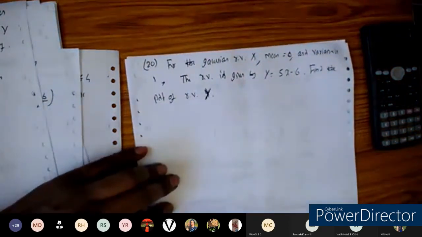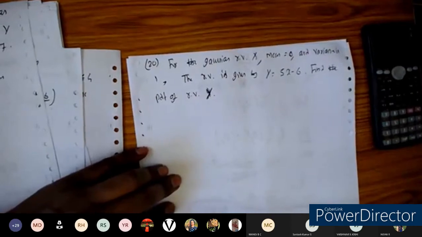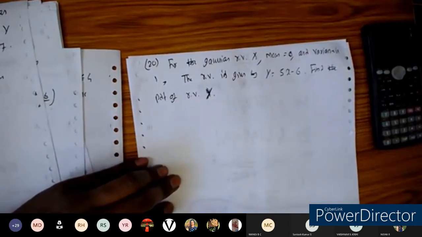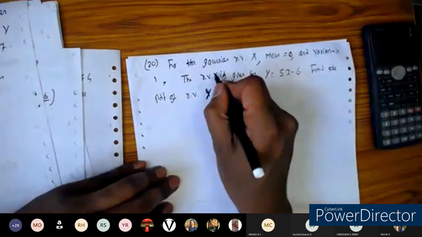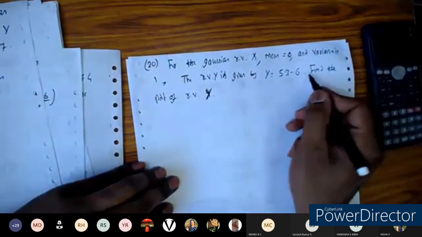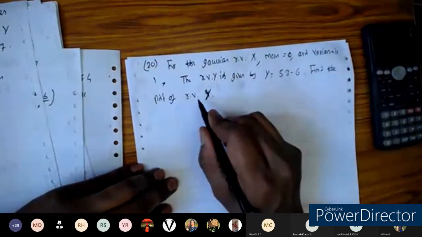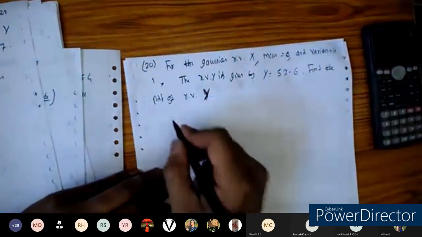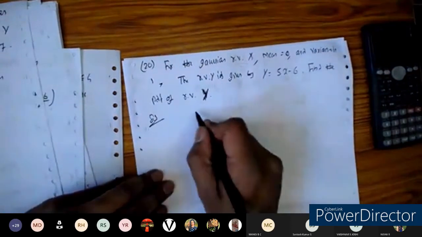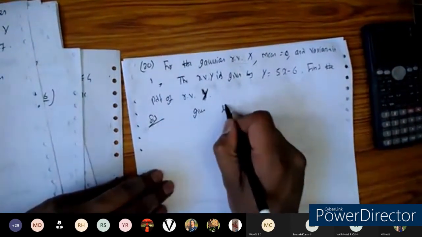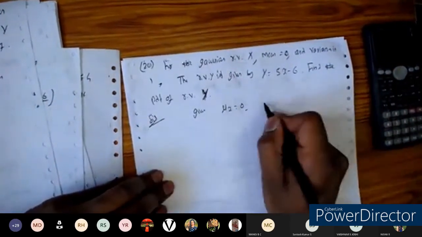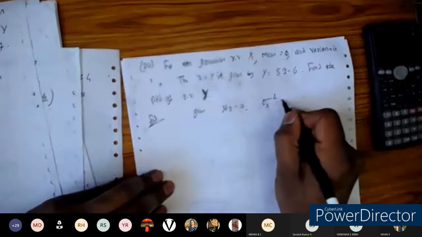For the Gaussian random variable X, mean is 0 and variance is 1. The random variable Y is given by Y is equal to 5X minus 6. Find the PDF of the random variable Y here. Solution: given is mu X is equal to 0 and the variance sigma X square is equal to 1.